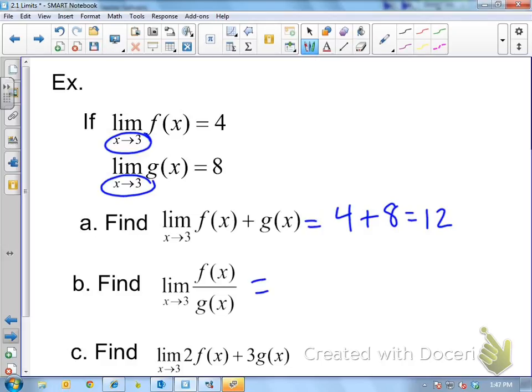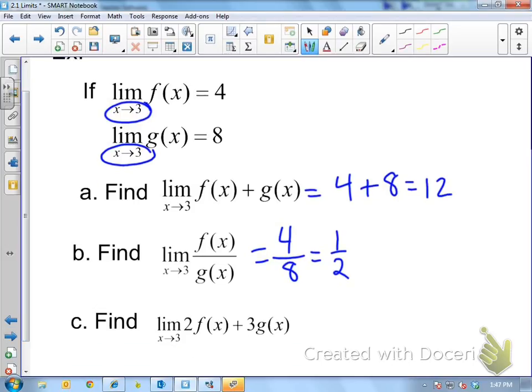Limit of just the f of x piece is 4. Just the g of x piece is 8. So our limit is 1/2. And I know it seems so basic that you're like, why are we doing this? We're trying to get the foundation so when we do get to the more complicated ones, hopefully it's stuck in our mind that these types of things are possible.